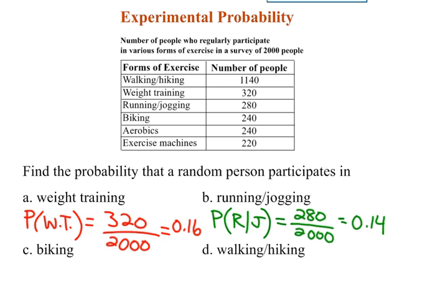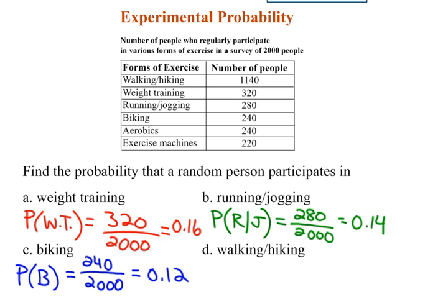Let's go to part C. Probability that a person is a biker, B for biker. So we take the number of people that said they were bikers in the survey, 240, over the total of 2,000. And we throw that into the calculator. We get 0.12.